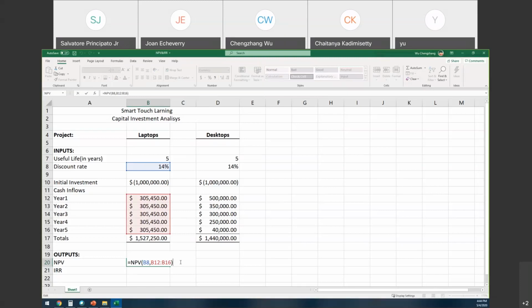We also need to compare this amount with the initial investment. So we also need to subtract the number in B10, and click Enter.